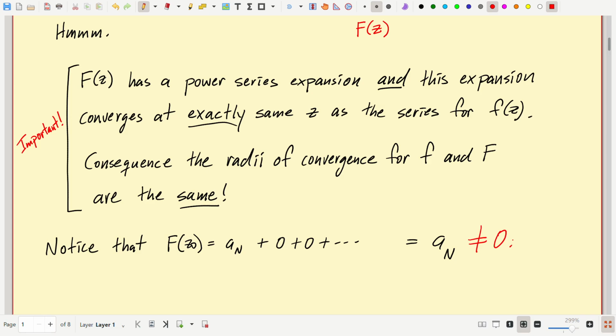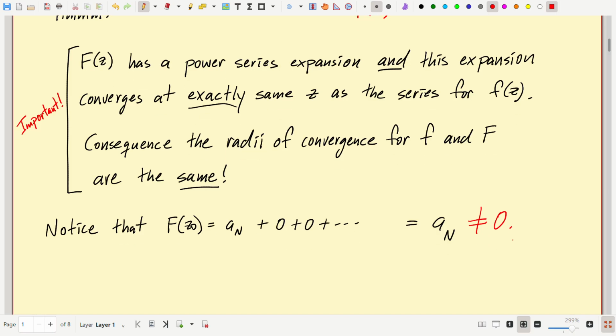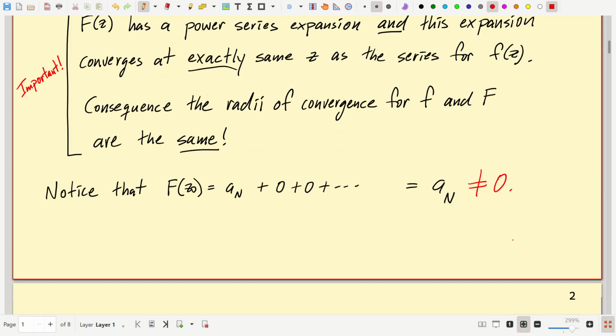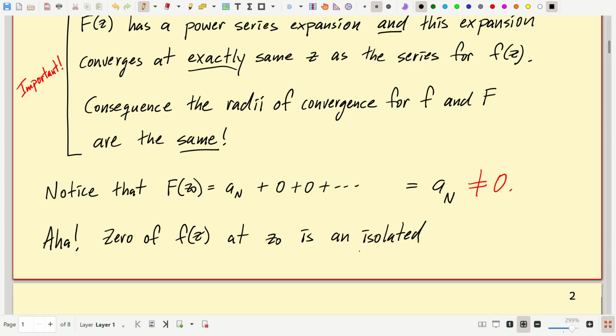And the fact that that's not equal to 0 means that the zero of little f at z naught is an isolated zero, meaning I can put a little disk around it.